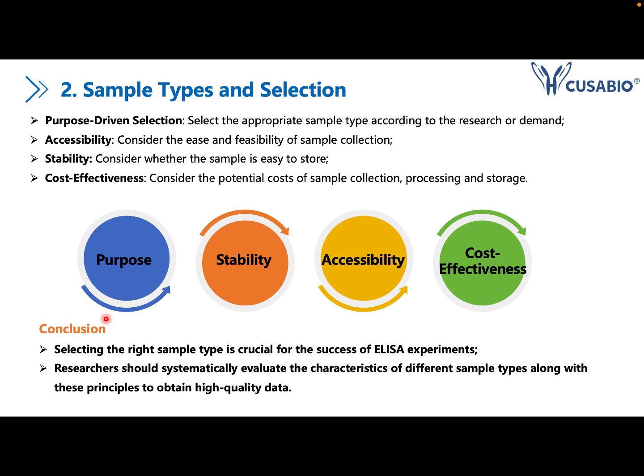Last, consider the potential cost of sample collection, processing, and storage. Overall, researchers should have a systematic evaluation of the characteristics of different sample types, and based on these principles, you can get high quality data.